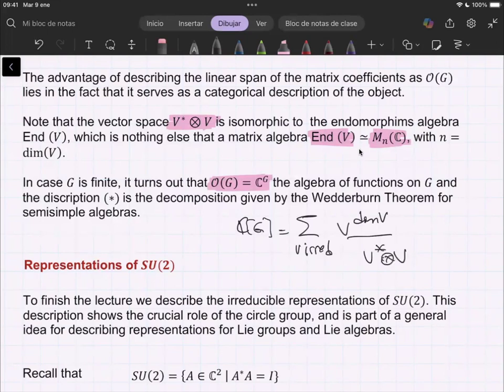This is what is happening. Only once, if we look at it as representations, then of course it appears dimension of V times, because it is given by this thing.